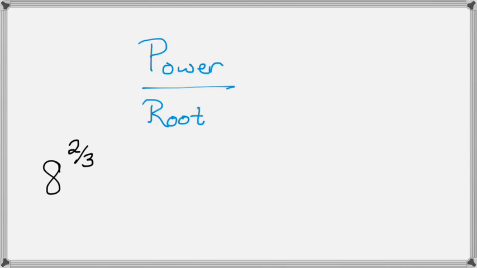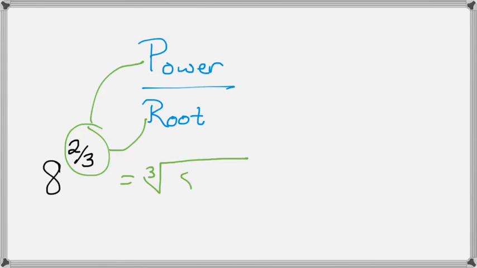How this translates is the exponent is done as power over root. And so what that means, this is the cubed root of 8 squared. Another way you could have written this, and this is typically how I will write them to start off with each time, is I'll do the cubed root of 8, that quantity squared.